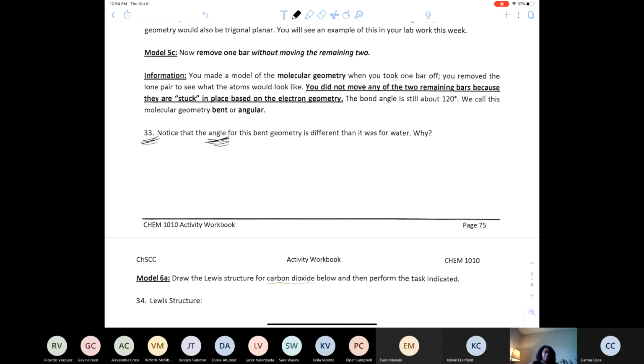Even though the shape is the same, the bond angles are different. And the reason for that difference is the different number of total groups around the central atom and the different number of lone pairs of electrons on the central atom. Everyone good with question 33 now? Any other questions?